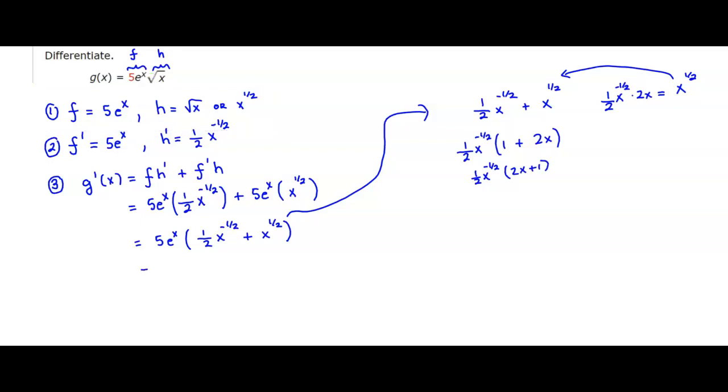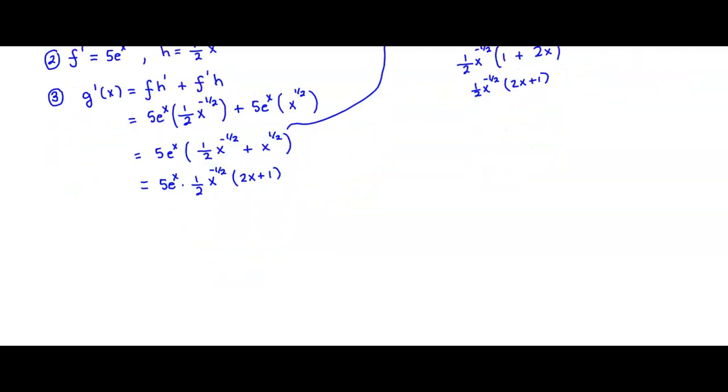So therefore, we're going to come over here now and write this as 5e to the x times 1/2 x to the negative 1/2 times 2x plus 1.